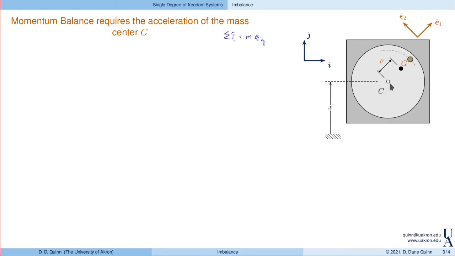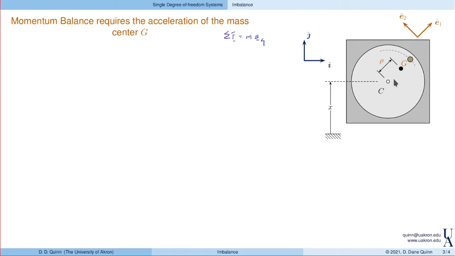The mass center is not located at C, it's offset by some distance. As this disk rotates relative to the frame, the mass center changes position relative to the frame. So we can't describe the acceleration of the mass center simply with x. It's going to be some combination of x and theta.